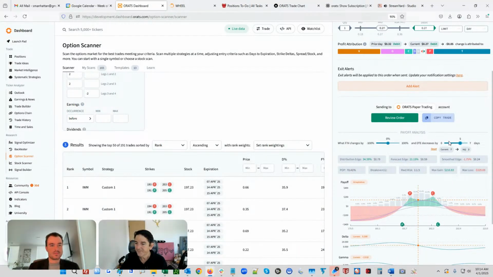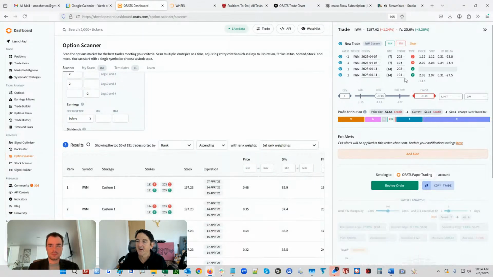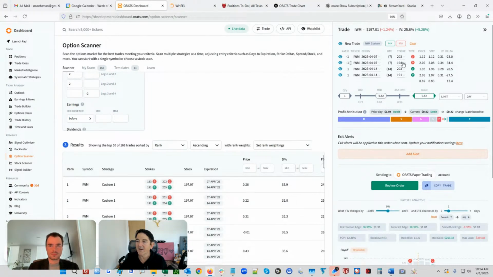Right, exactly. So this is a kind of trade that I'm okay with. This is kind of what we're looking for, right? If we just did a call calendar, so let's say we sold the 203 here and then bought the 194, we're going to be paying a lot more for it, right?